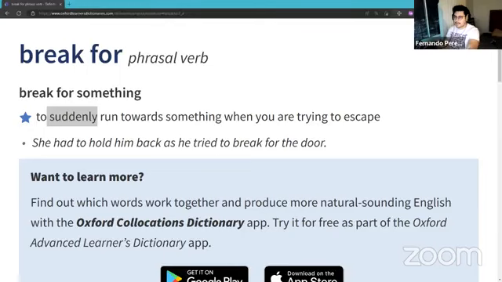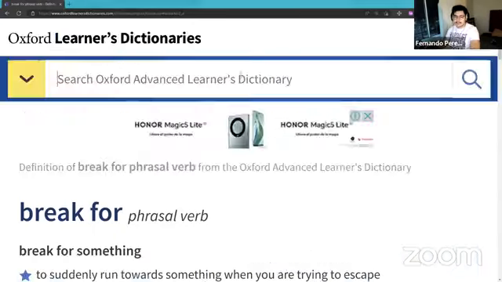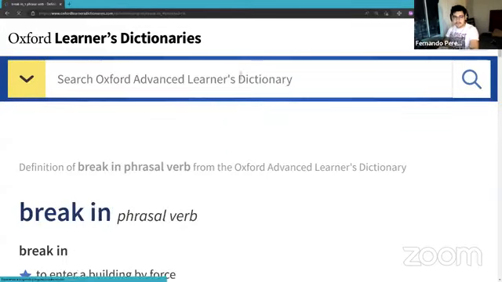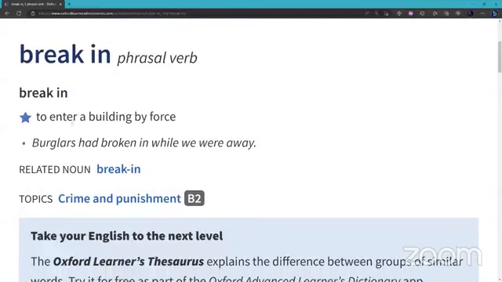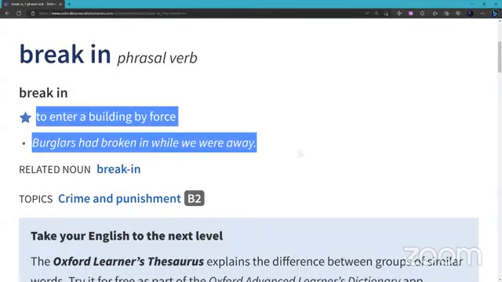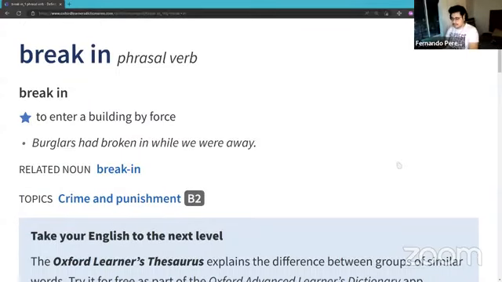Let's go. Okay, the next one. Go, Rafa. Break in. To enter a building by force.